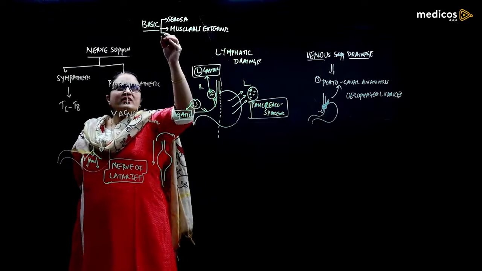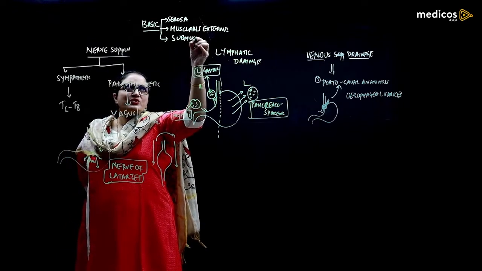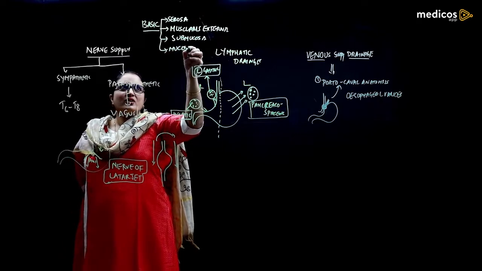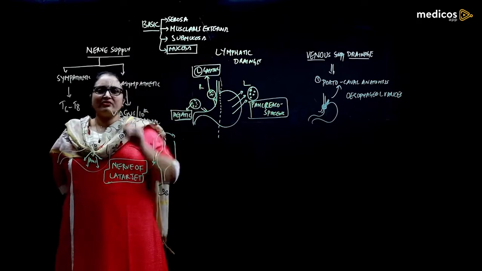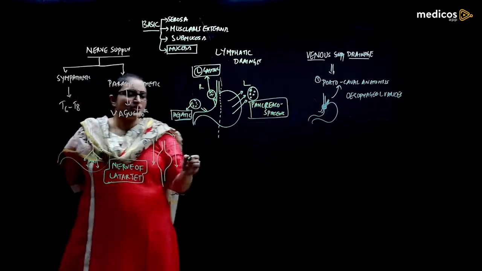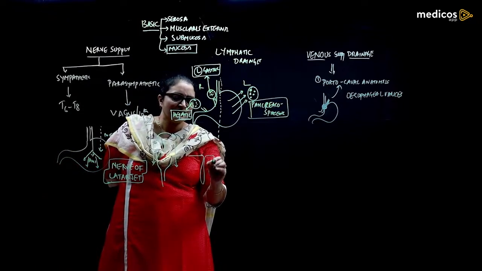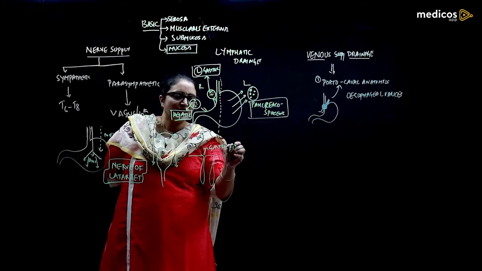Just inner to it you have the submucous layer, the submucosa, and inner to the submucosa you have the mucosa. In the stomach, this mucosa has many glands called the gastric glands. These gastric glands open out through gastric pits. This is what you need to understand.